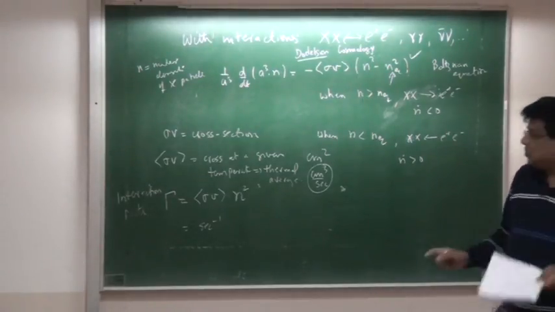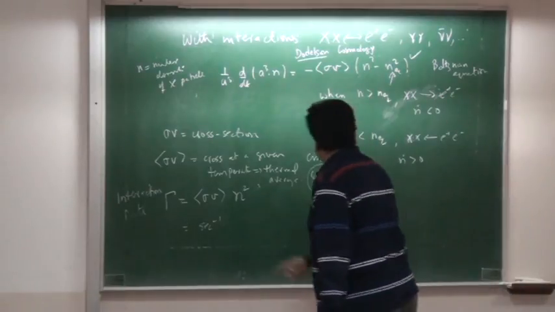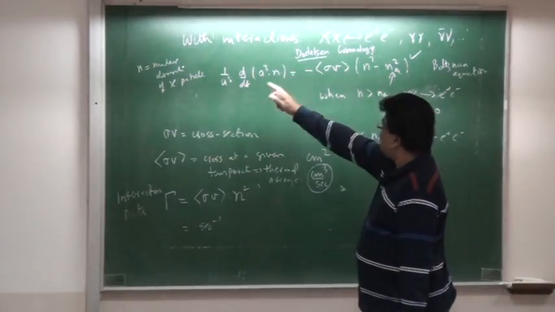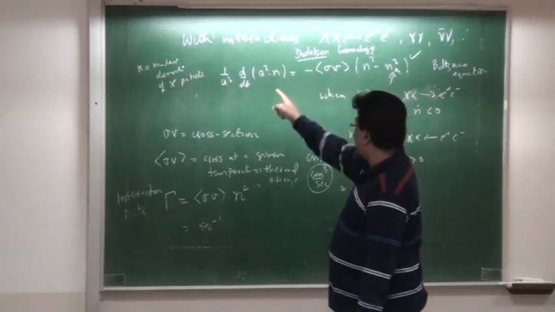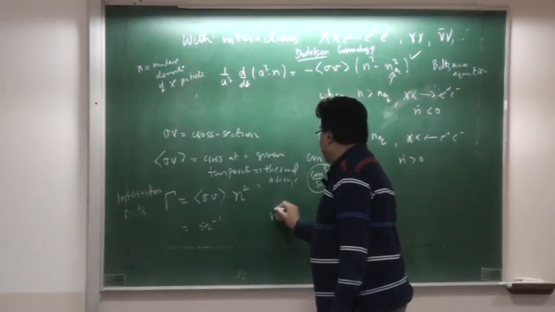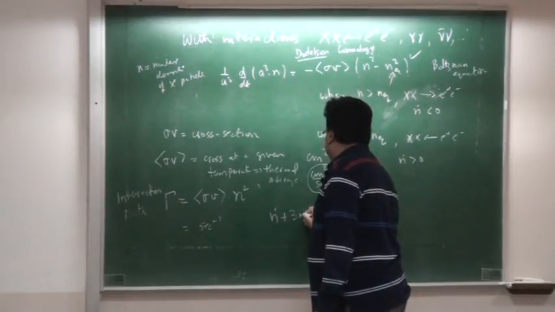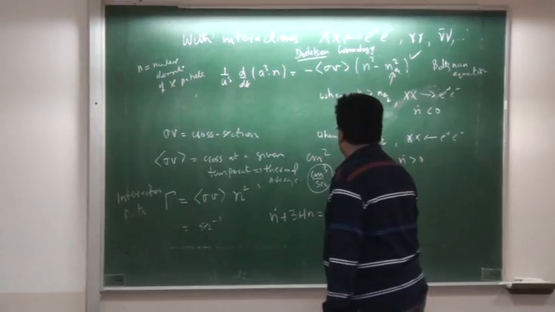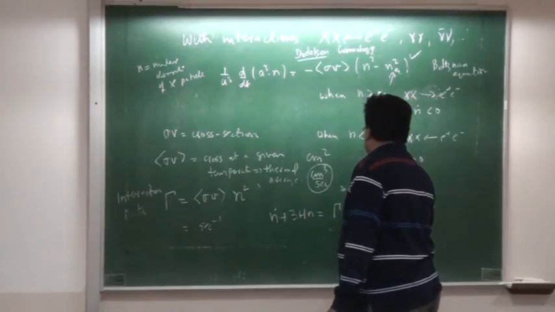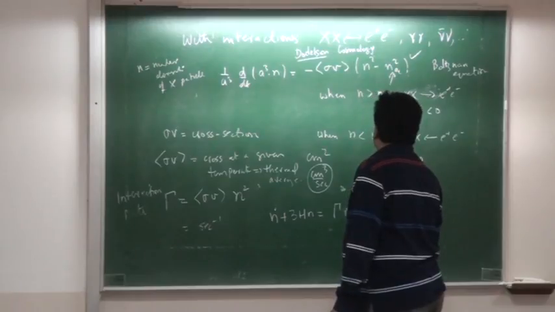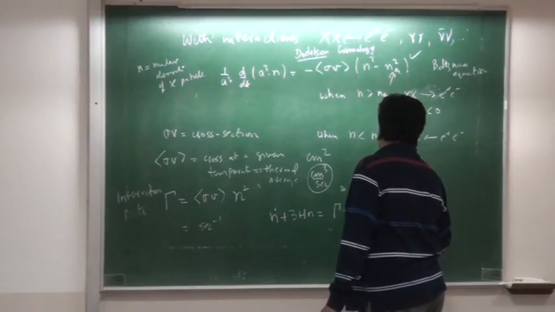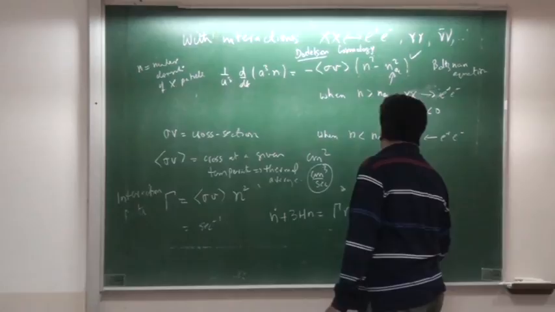Let's write this equation in this form: n dot plus 3H n is equal to gamma times n square minus n equilibrium square.